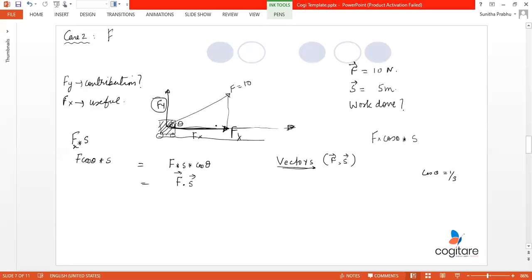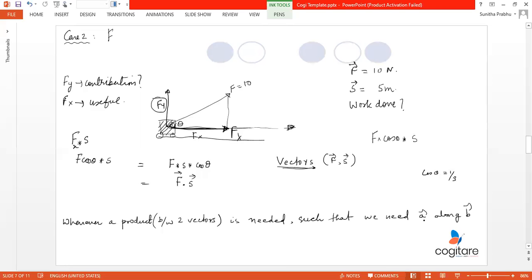Okay, so whenever a product between two vectors is needed such that we need A along B, okay, A means force, along B means along displacement.